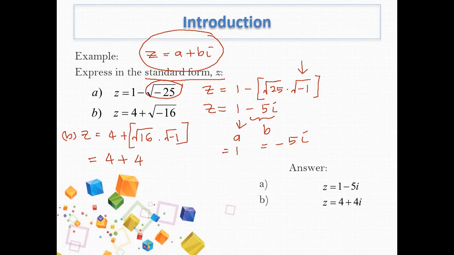What is the square root of negative 1? It is i. So now we have transformed B into standard form where z is equal to 4 plus 4i. Piece of cake.